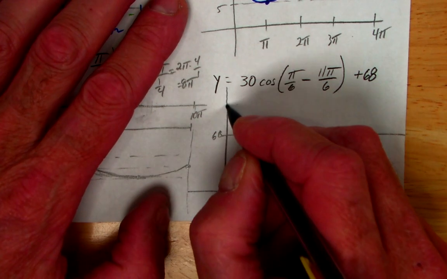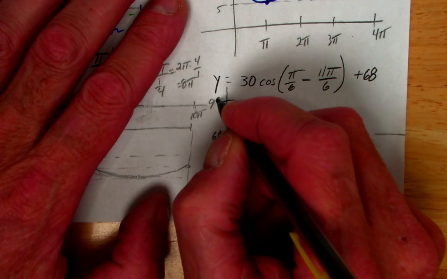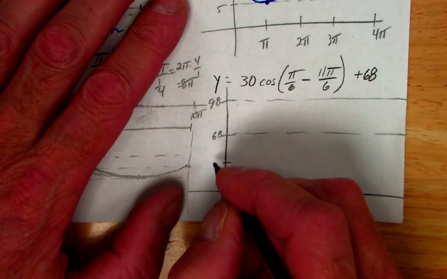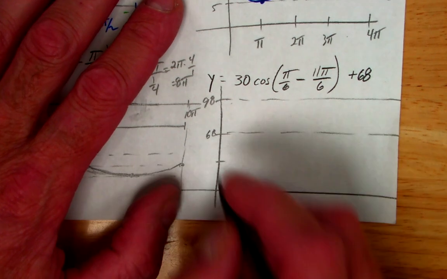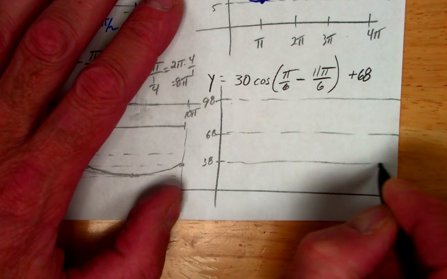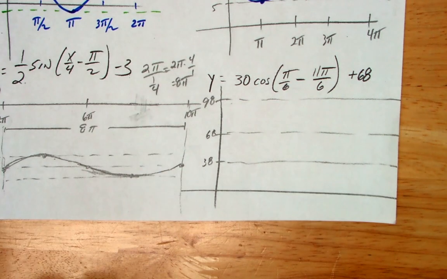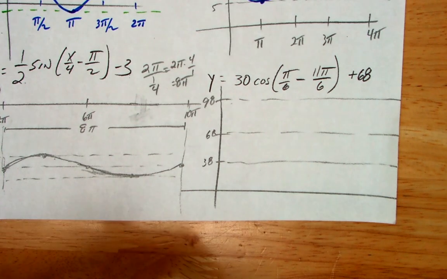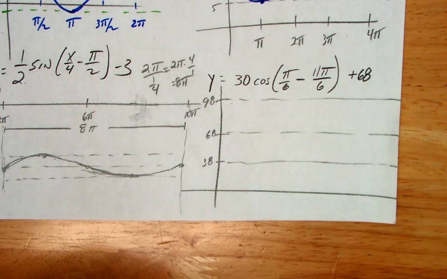From here, we're going to go up all the way up to 98. And then we're going to come all the way down to a wonderful, balmy 38. So this might be more of a southern climate or maybe more of a tropical climate or something like that. Okay, where it doesn't get crazy hot.